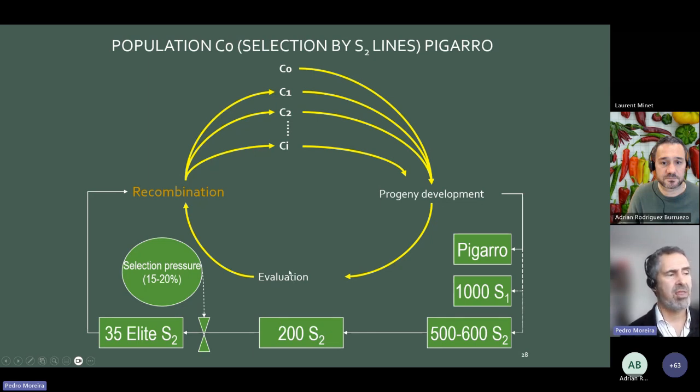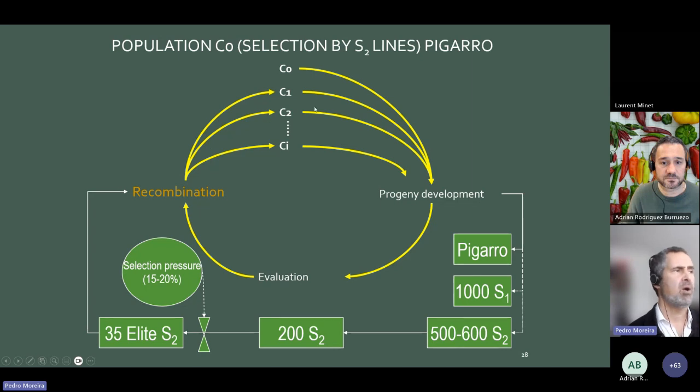And in this third year that we do the evaluation trial, we select the best 35 elite S2. And with these 35 elite S2, we make the recombination of them. And we pass from cycle 0 to cycle 1. And we do it all over again.